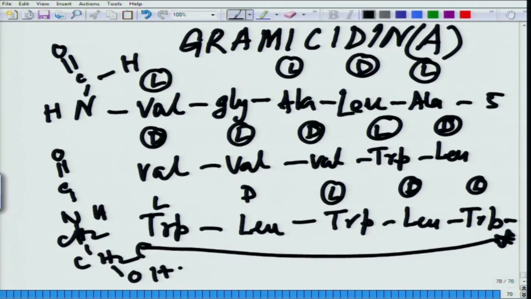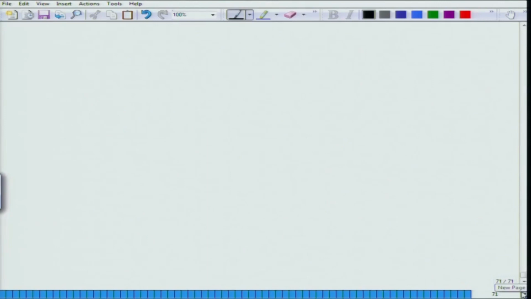So, this is how the gramicidin molecule looks, and all these molecules have alternating L and D isomers, and they are the ones which form the channels. These are some of the probes used much before the membrane structure could be derived, which was a very challenging task.